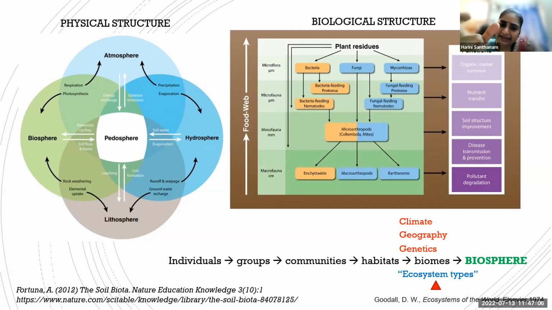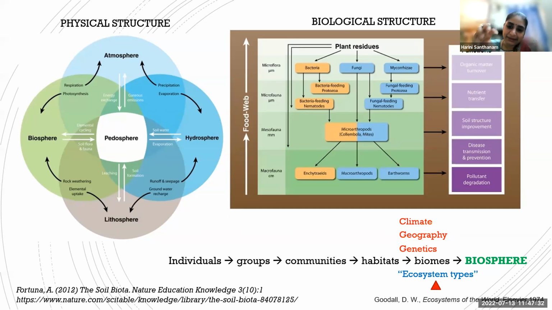Then bacteria-feeding nematodes and fungal-feeding nematodes are a separate class. But each of them facilitates what is known as nutrient transfer between the different organism types, right? Here we know that the bacteria-feeding nematodes contribute to the microarthropod population as well. Similarly the nematodes.